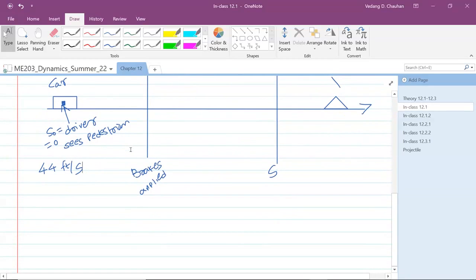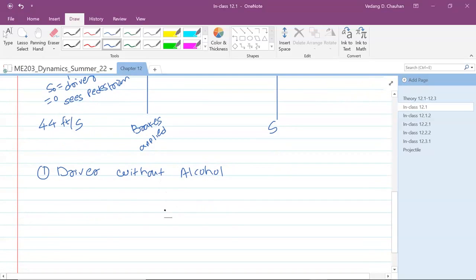There are two different cases. First we will talk about the driver with no alcohol. Case number one: driver without alcohol consumption. The distance traveled during the reaction phase, S reaction, is equal to velocity multiplied by time, since velocity is distance divided by time. So speed multiplied by reaction time.